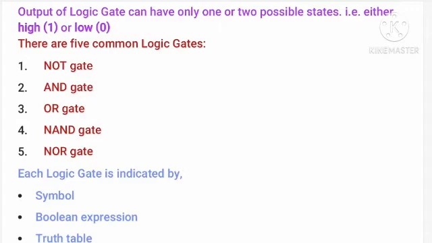In case of symbol, we can see a different symbol for different logic gates, and a Boolean expression is a mathematical statement which gives you the relationship between the input applied and the output of the logic gate.